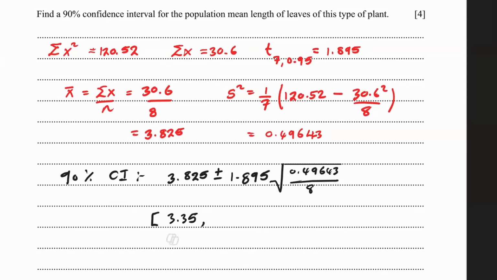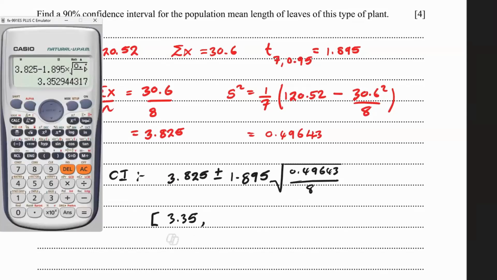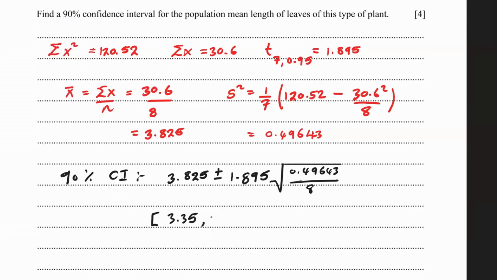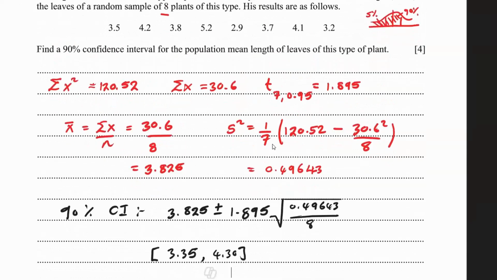And the other one, if we put a plus, we get 4.30 to 3 significant figures. And this here is the answer. That's how we do it for question number 1.